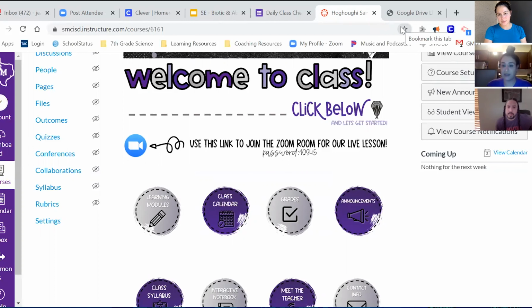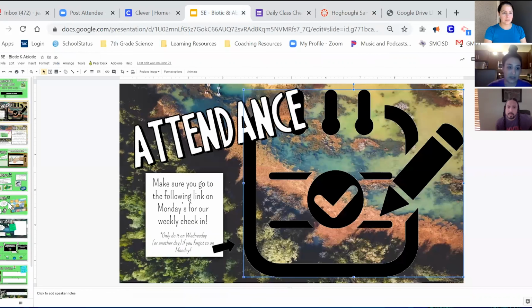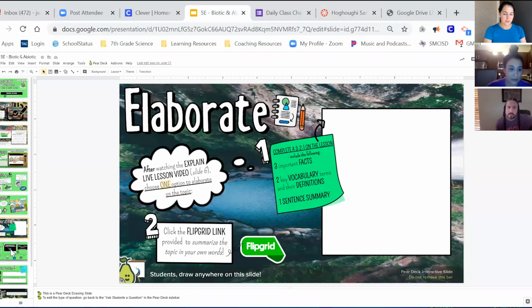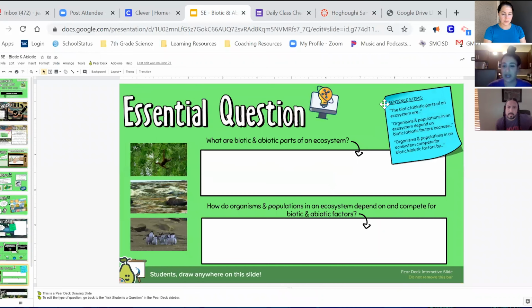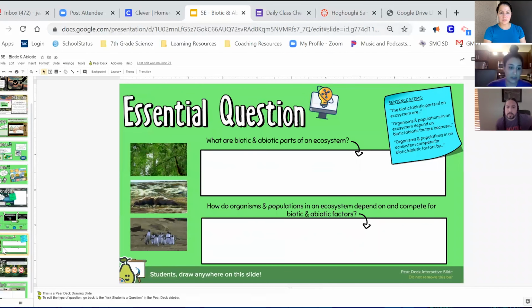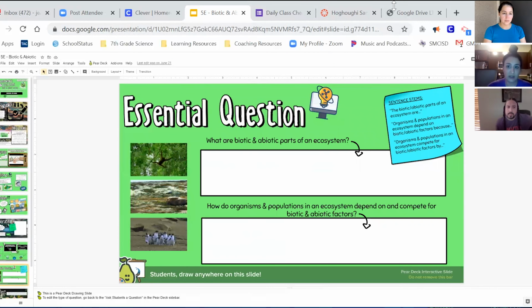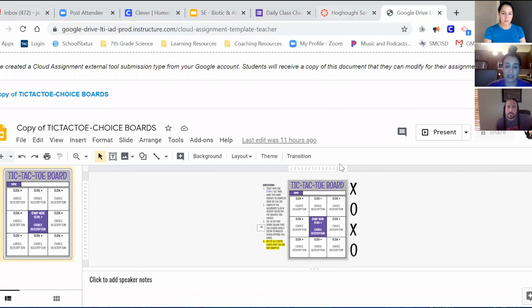So if you add those different supports embedded in, we always would try to have sentence starters or things that they can use to help them so they don't feel stuck. And then again, offering choice in different things, they're more likely to try if they have a choice on what they're being asked to complete.